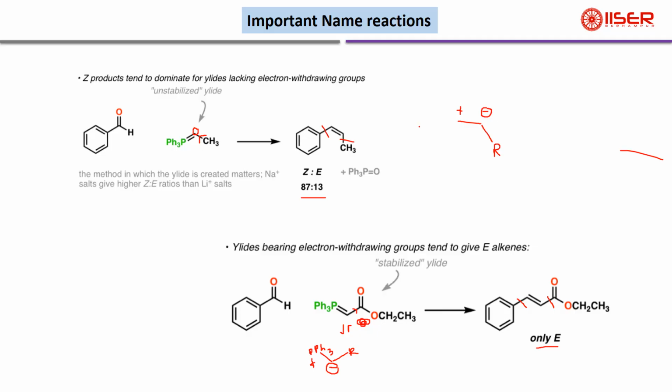Now, what is the difference if you use a stable ylide and if you use an unstable ylide? If you use an unstable ylide, you will always get a Z alkene, when the two higher priority groups are on the same side of the double bond. And if you use a stable ylide, you will get an E alkene, where these high priority groups are opposite to each other. The reason behind getting E and Z alkene is due to its stereochemistry, so I'm not going into details.